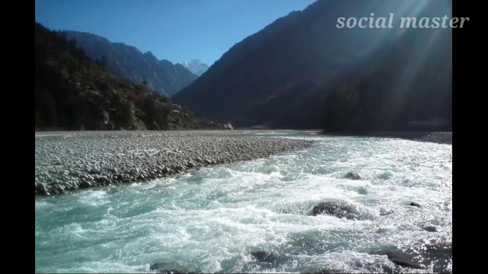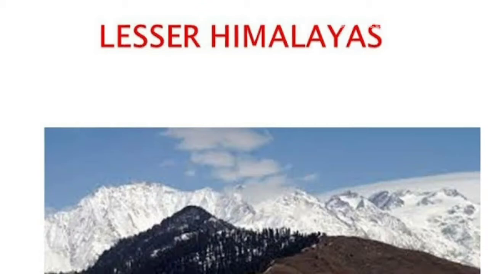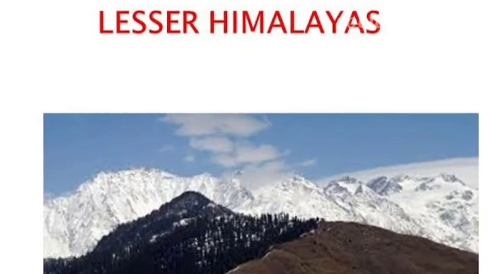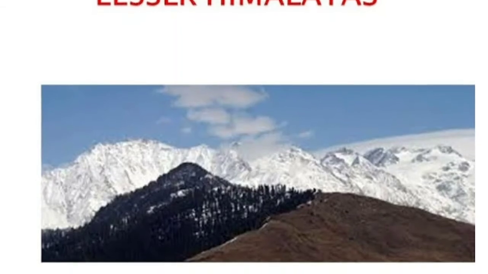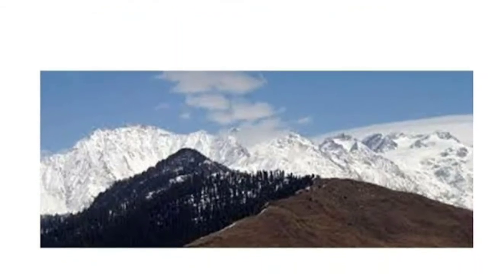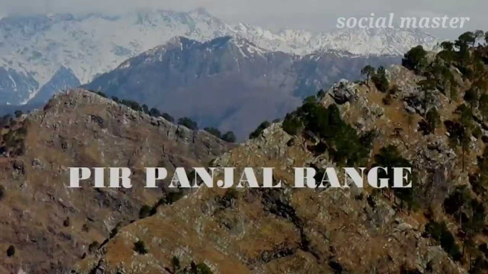The second range, south of the Greater Himalayas, is called the Lesser Himalayas, also named Himachal. These Lesser Himalayas are composed mainly of highly compressed rocks. The average elevation ranges from 3700 to 4500 meters.